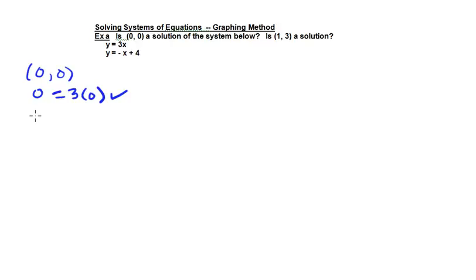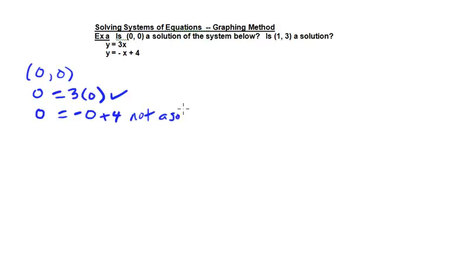Now we want to see whether the point is a solution to the second equation. So we have y is equal to negative x plus 4, and because y is equal to 0, we've got 0 is equal to negative 0 plus 4. And this is not a solution.